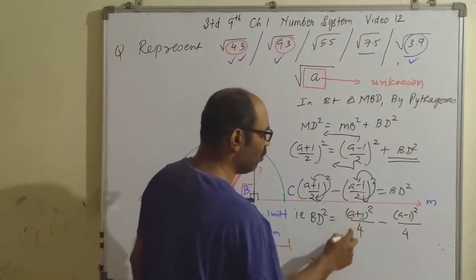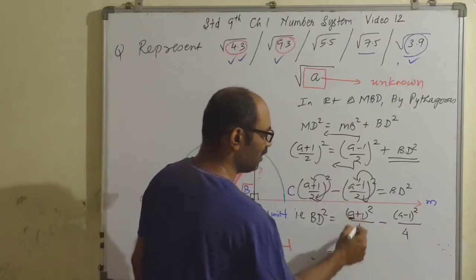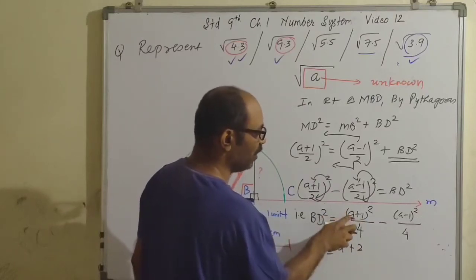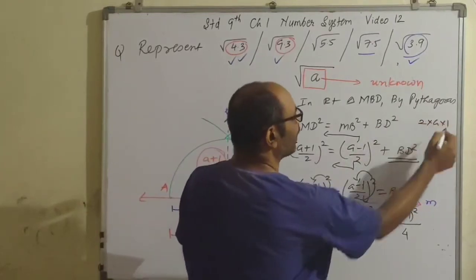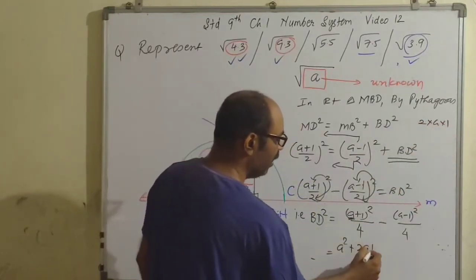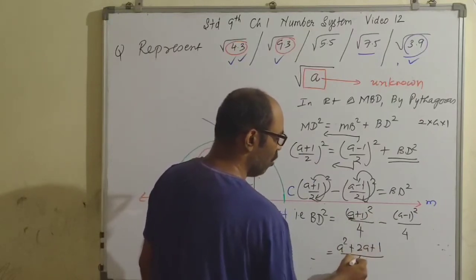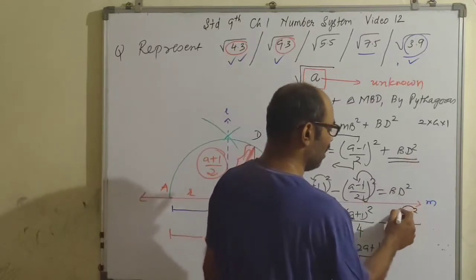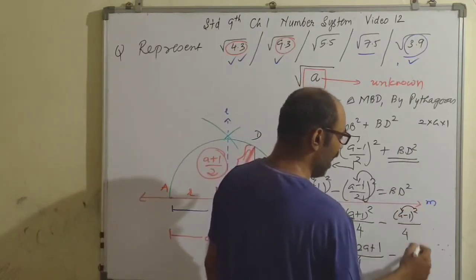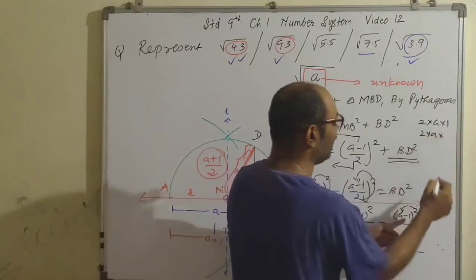Fine. इसको expand करो. बोलो first term square A square plus है तो plus 2 into first term A into second term that is 1. So 2A plus second term square that is 1 square, that is 1, whole upon 4, minus. इसको expand करो. So first term square that is A square minus है तो minus 2 into first term A into second term 1.